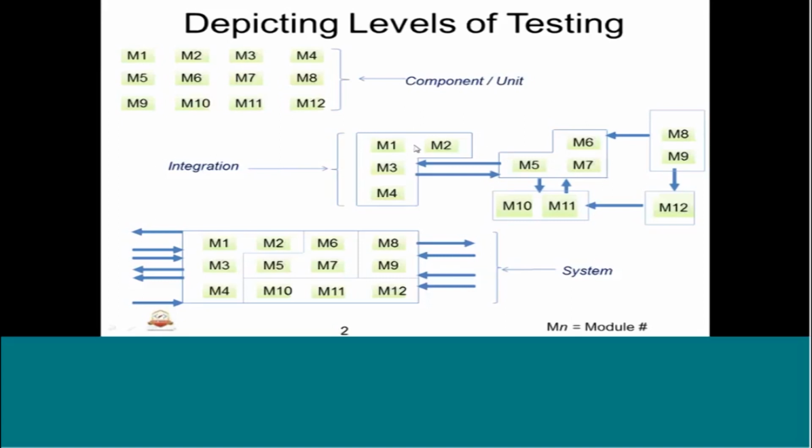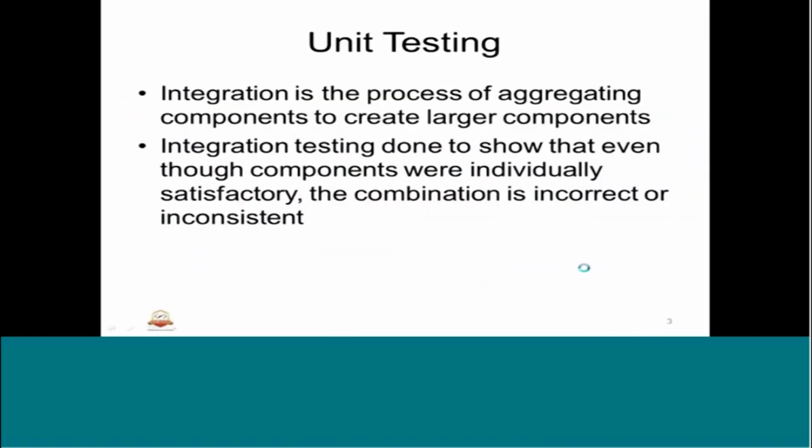While the first block is interacting with the second block, and while the third or fourth block is interacting with the fifth block continuously within the system, there could be some issues, especially when you trigger some of the inputs or the signals. All together it should work correctly and consistently. So how do you bring up those issues? That is through system testing.